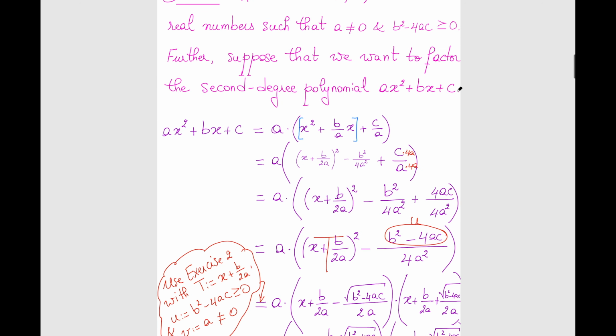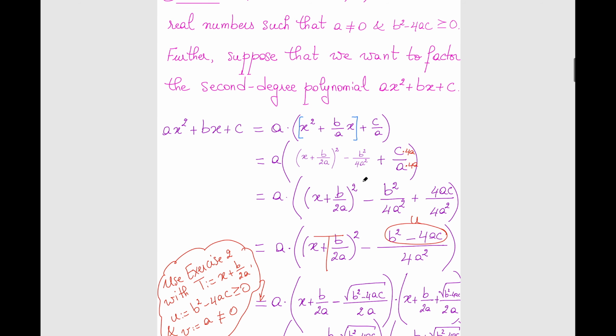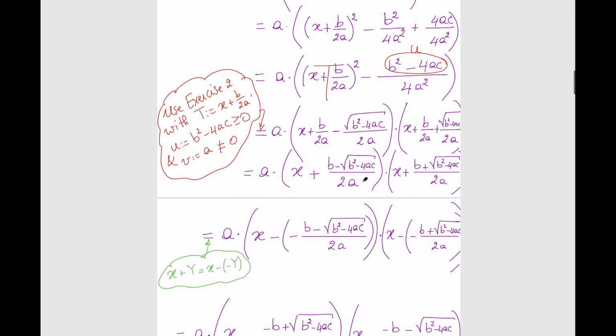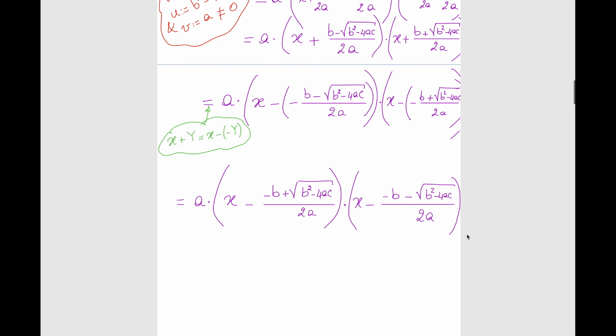The discussion was about, under these conditions, I wanted to factor the second degree polynomial ax squared plus bx plus c. So the ax squared plus bx plus c, we manipulated this expression all the way to here. And now look at this. This is a product of three factors. The first factor is a. The second factor is this giant thing here, x minus this quotient, times the third factor, x minus this quotient.